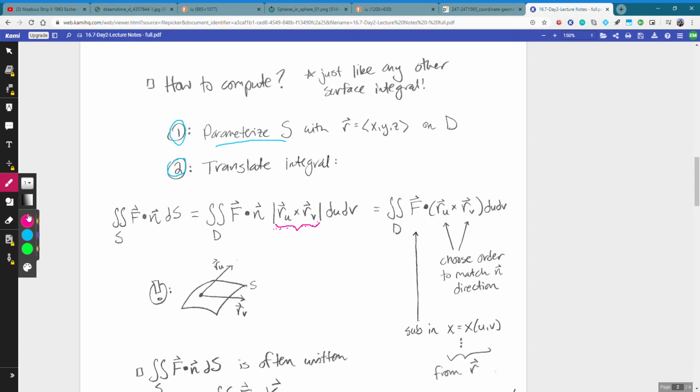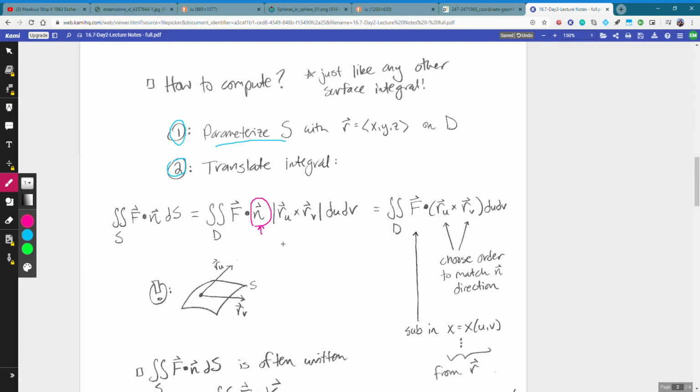And let me back up just a sec because I misspoke. r_u cross r_v is not what we are trying to describe here. Erase that from your memory. What I claim is that's this unit normal vector. I claim that we have a nice way to describe it in terms of our parameterization.